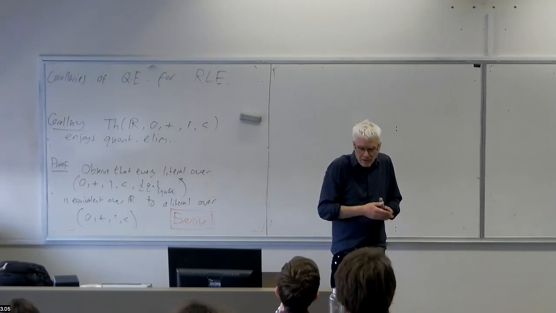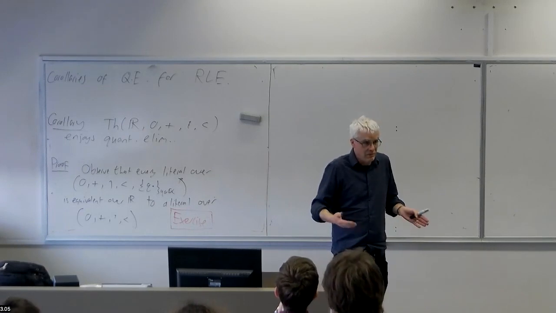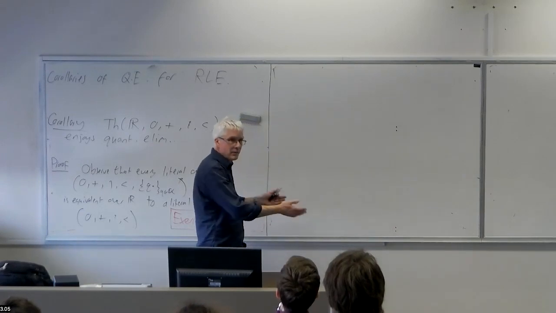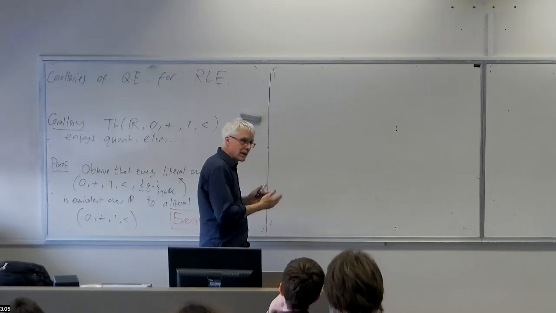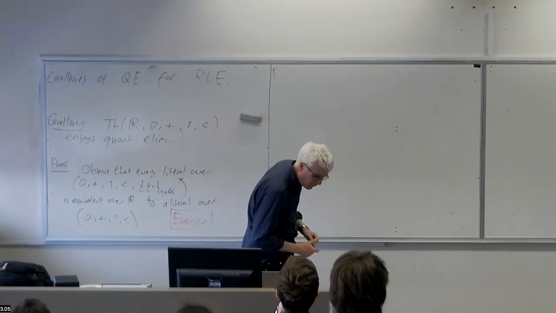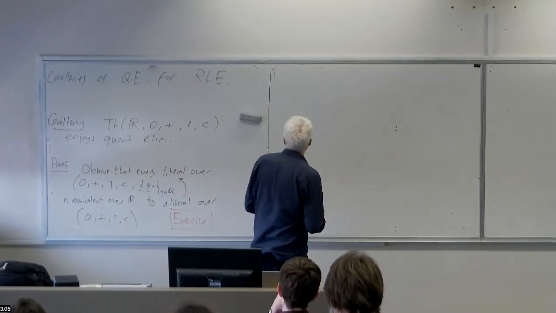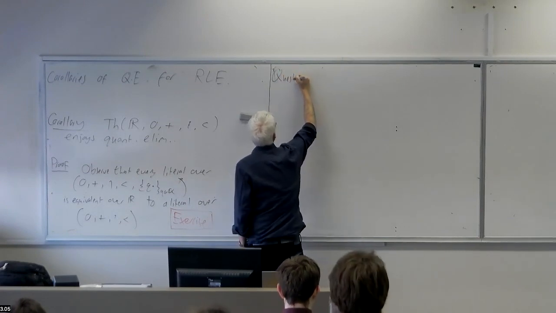Because it says that however much we use quantifiers in a first order formula, in the end, we can get rid of them and we've got some sort of complicated, but nonetheless quantifier-free formula involving free variables. So the main question for the second corollary is the following.